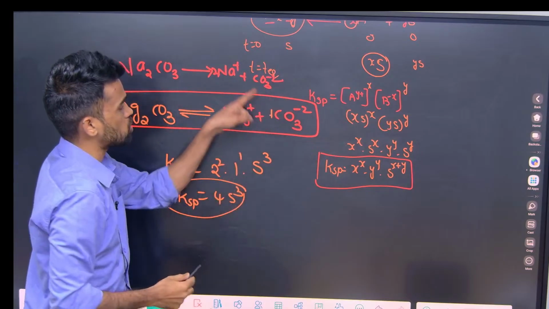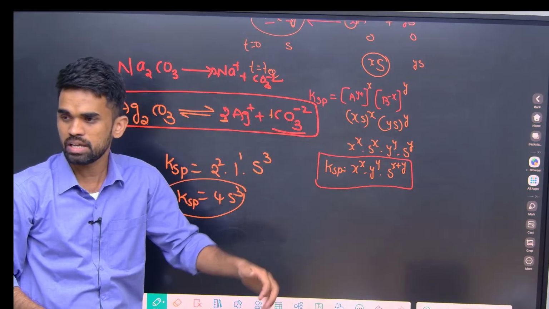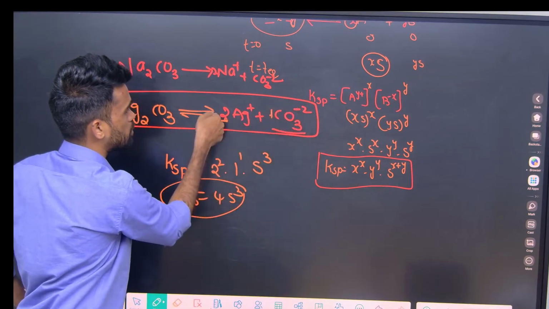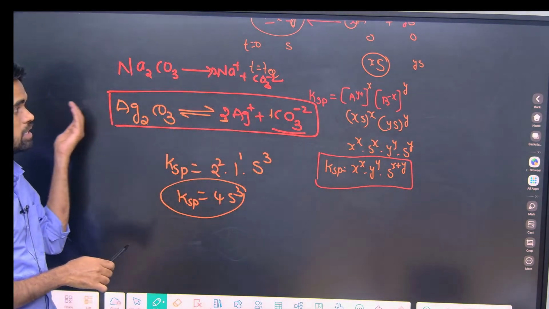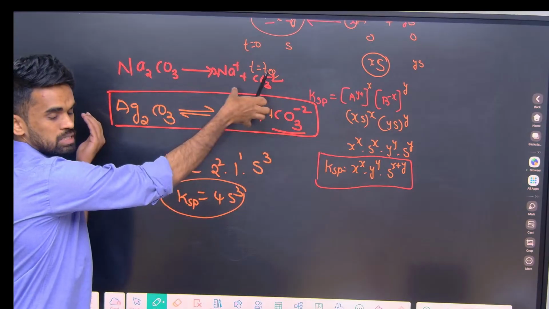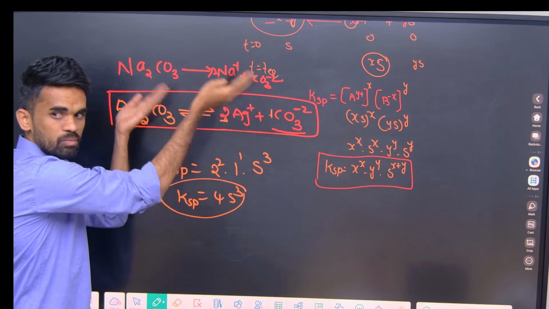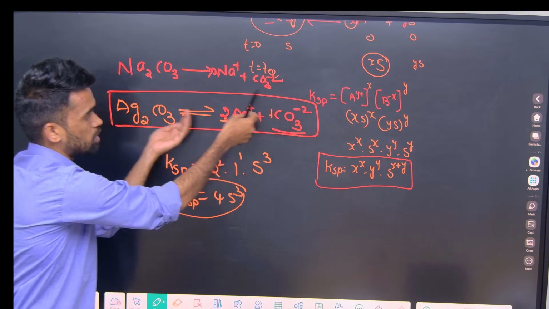Now what happens? Does the concentration of carbonate ion increase or decrease in the solution? Increases. So if product concentration is increased, what happens to the equilibrium? Backward. If it is moving backward, the ionic product means the number of ions we previously had was more, but due to the increase in concentration, the equilibrium is going backward.